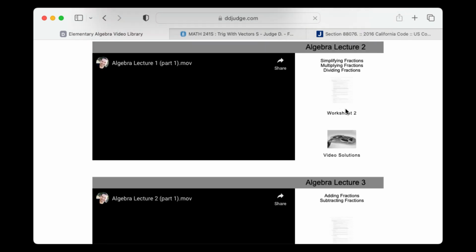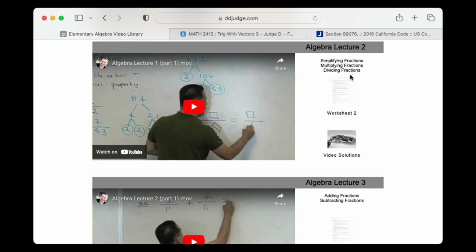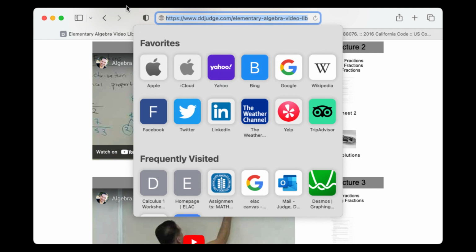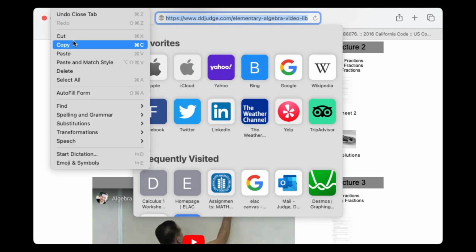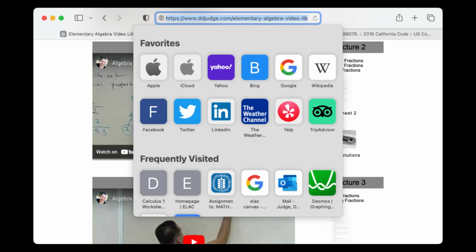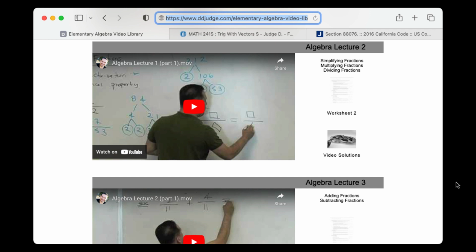Algebra lecture 2, multiplying what here? See this multiplying fractions, algebra lecture 2? That was the old Mr. Judge, algebra lecture 2. So under multiplying fractions and simplifying fractions, I'm going to put this in the comment section for folks.